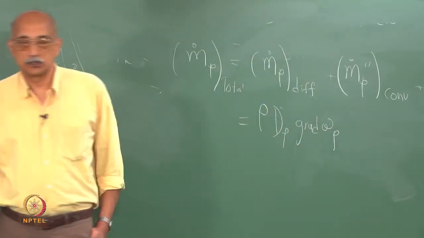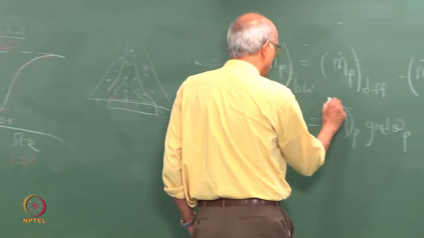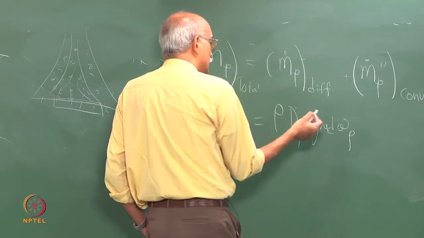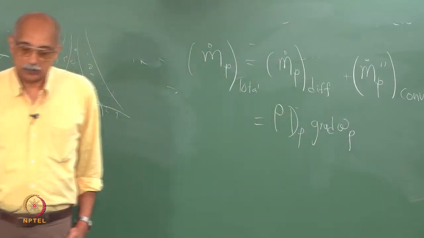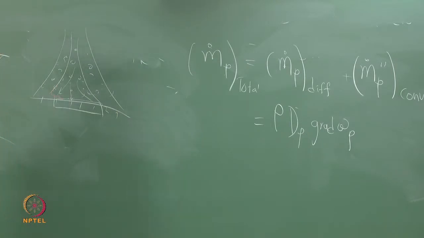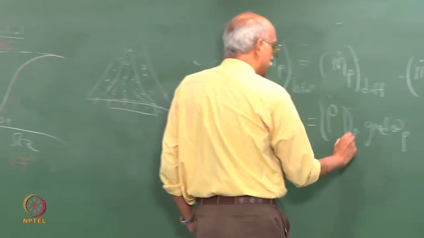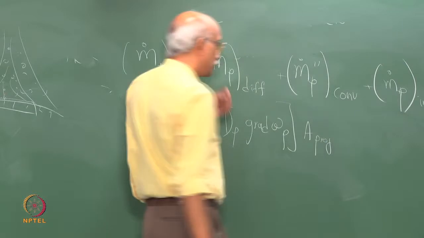That is the Brownian diffusional rate that we looked at earlier. And by the way, this is a flux term. So, you have to multiply it by the area, the projected area of the surface in order to get a rate. So, you would take this and multiply this by a projected area.